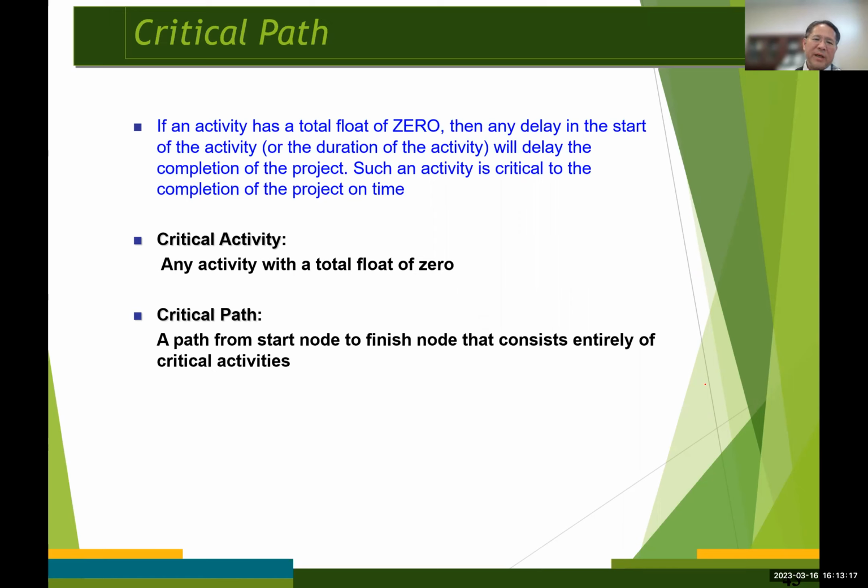So any activity with a total float of 0 is called a critical activity, okay? The path from the start node to the finish node that consists entirely of critical activities is called a critical path, okay? And because any delay in the duration of a critical activity will also delay the completion of the project, it is advisable to monitor very closely the completion of the critical activities, okay?